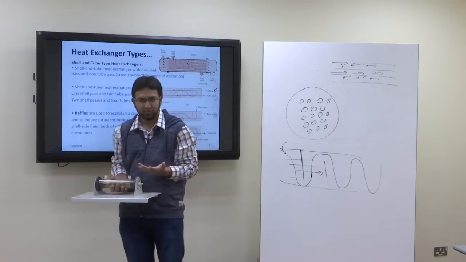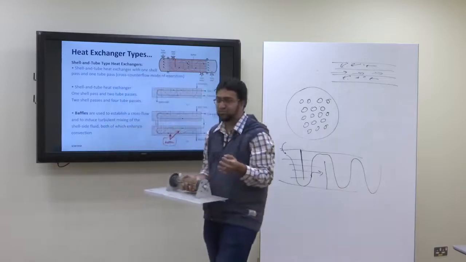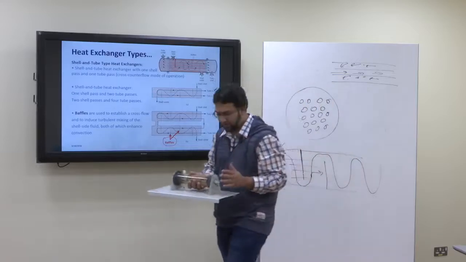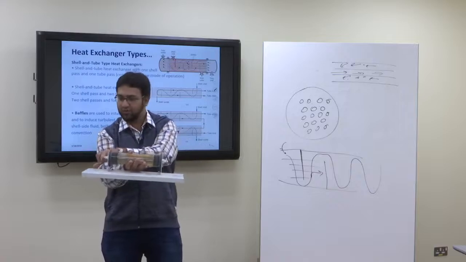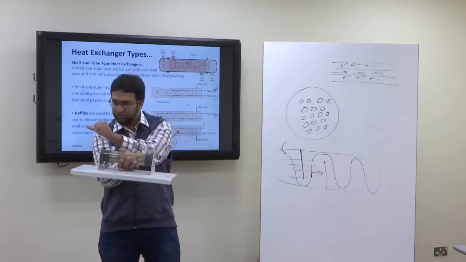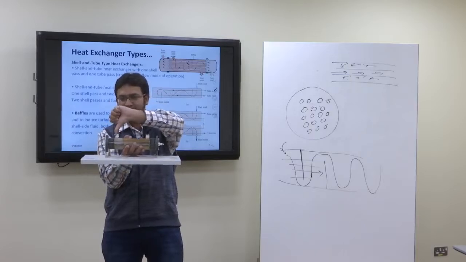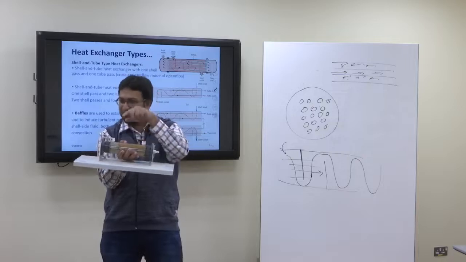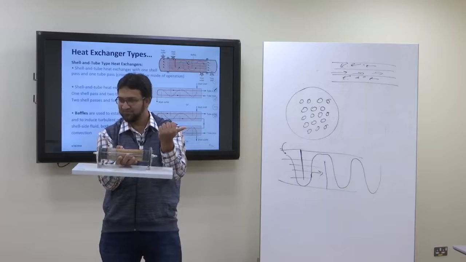It's kind of a cross flow heat exchange, but this is not just simple cross flow. Let's say the fluid is entering from here and leaving from here. This is the direction of fluid motion. If I make the shell side fluid enter from here and leave from here, although the shell side fluid is in cross flow direction, it is also in counter flow direction.